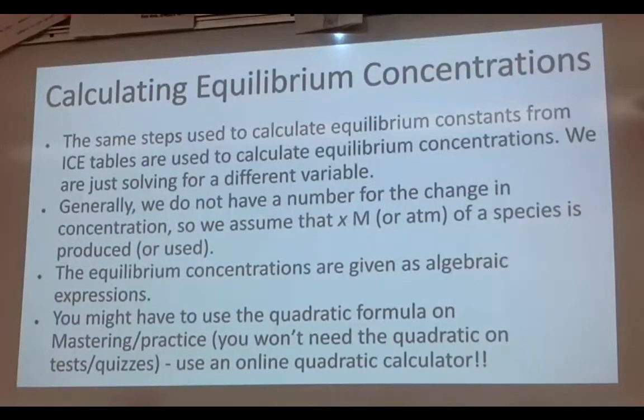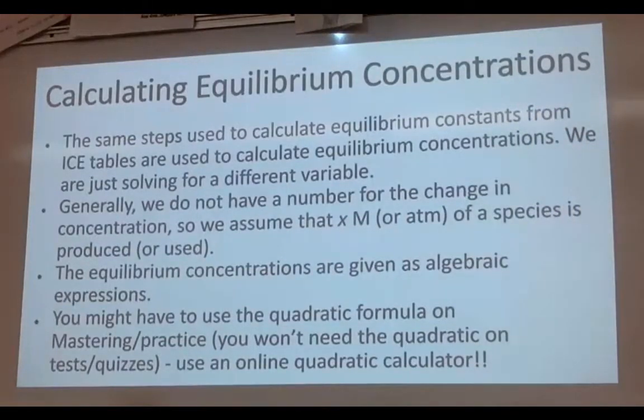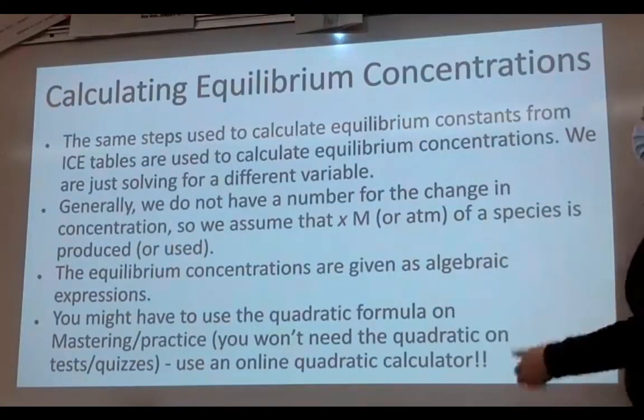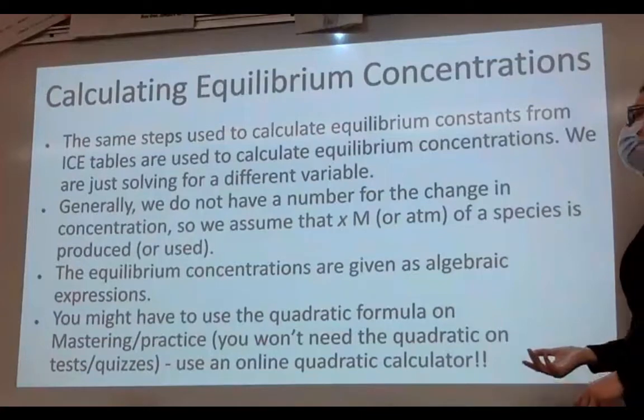Well, calculating equilibrium concentrations is the same math. It's the same setup in an ICE table: initial, change, and equilibrium. But when we want to calculate the concentrations at equilibrium, we usually don't have a number for the change row because we don't have any information about equilibrium concentrations.